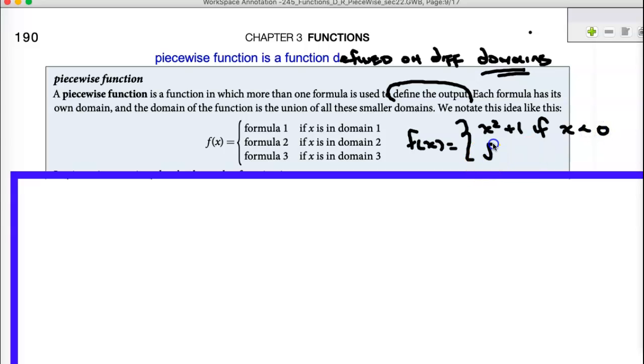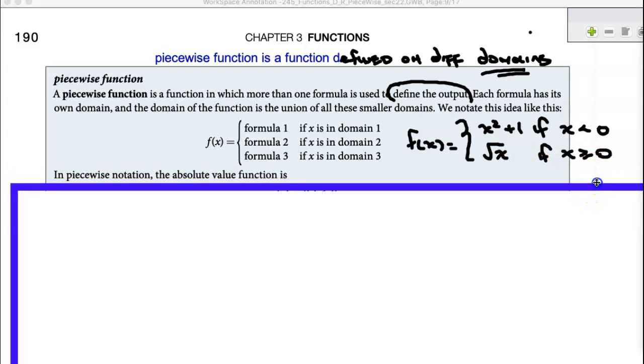And then we can have the square root of x if x is greater than or equal to 0. So what this says is that this quadratic is defined on the domain x less than 0. Then the function f of x equals the square root of x is defined on the domain of x greater than or equal to 0.